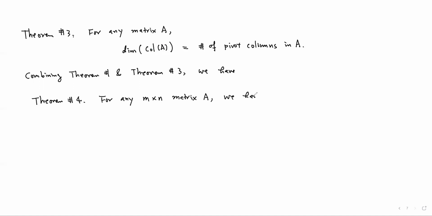We have the dimension of the row space of matrix A, this is the number of free columns, plus the dimension of the column space of matrix A, this is the number of pivot columns, is equal to the total number of columns.